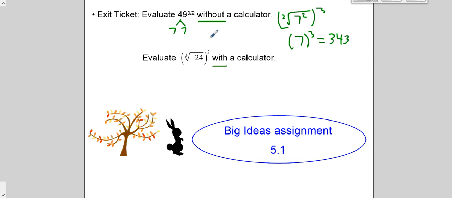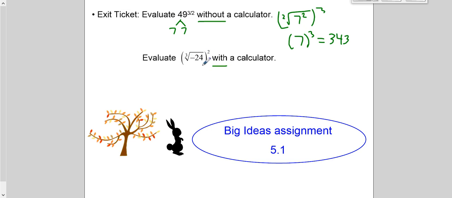And then this one with the calculator. Start with your parentheses. You've got to find your cube root, second function, nth root. Depending on what kind of calculator, you might have to put that in first. So I have to do parentheses 3, then the nth root. Negative 24, make sure to use the negative button, not the minus.